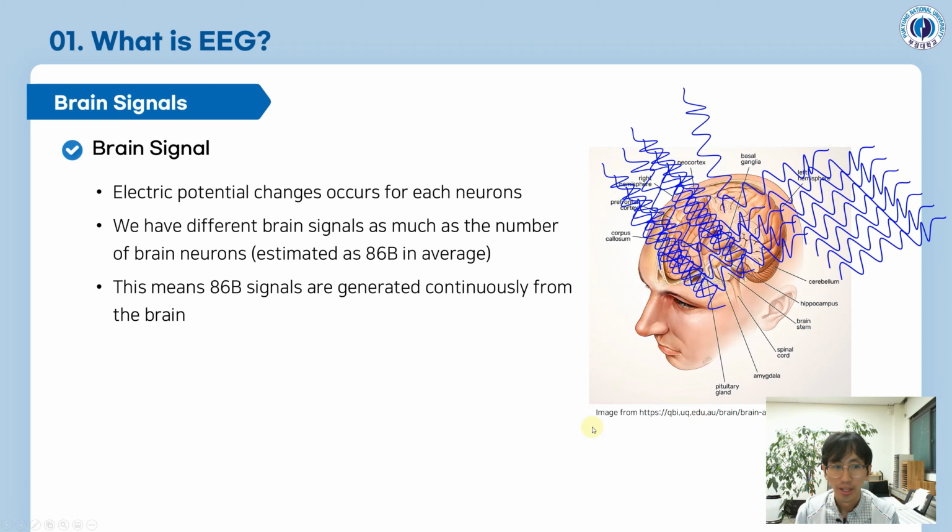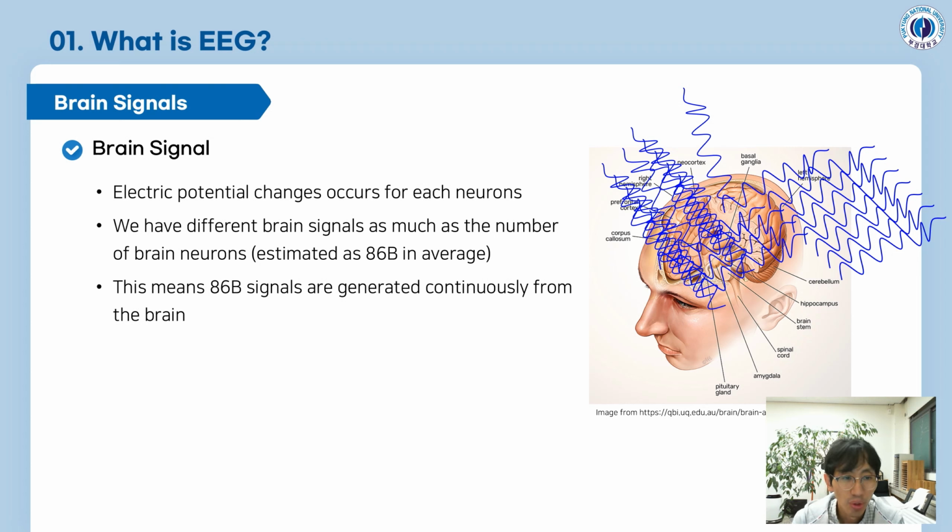Okay. Do you know how many neurons are in your brain? We can't be sure exactly, but scientists say that we have almost 86 billion neurons in your brain on average.